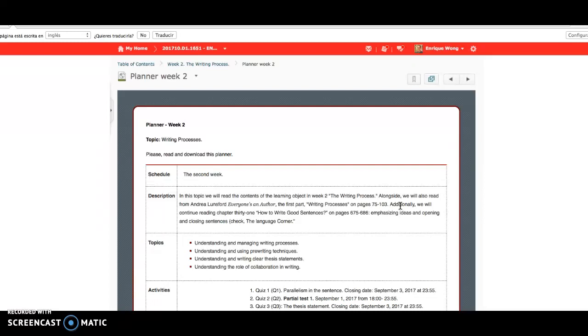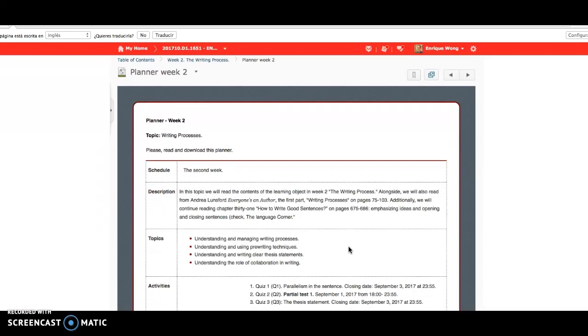You're reading from Andrew Lunsford's Everyone's an Author, pages 75 through 103, which is the writing processes, in the first part of the book. Additionally, you will continue reading from the language corner, how to write good sentences, which is chapter 31 of Andrew Lunsford's book.